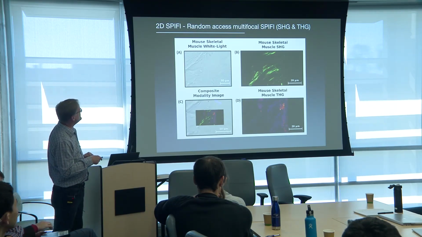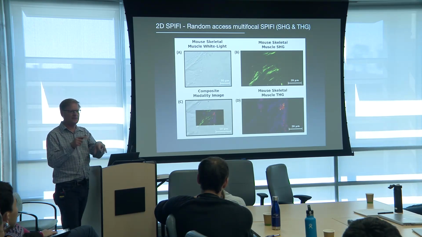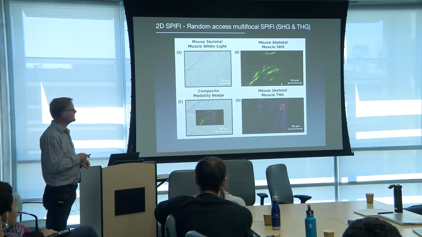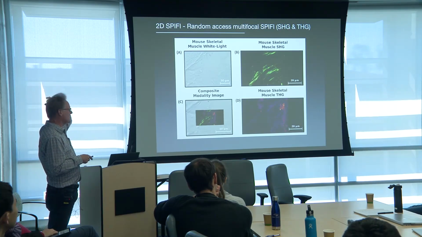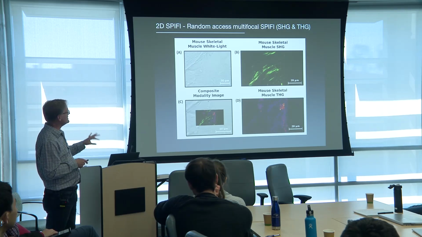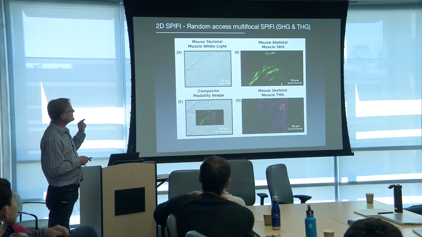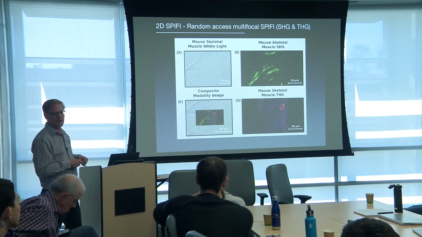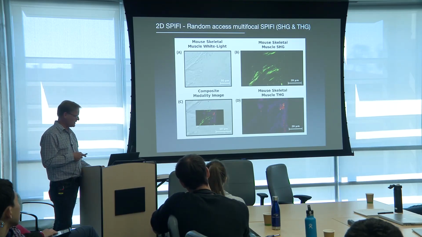It's kind of hard to see here, but you'll see that the amplitudes of the individual foci are not perfectly distributed, and we didn't correct for it at all in here. So you can pick out which focus is reproducing what. But this was simultaneous, multifocal, multiphoton SHG and THG in this system with the multiple foci.